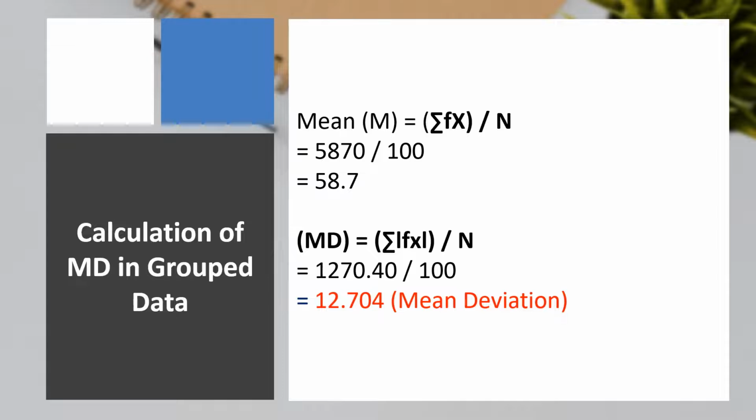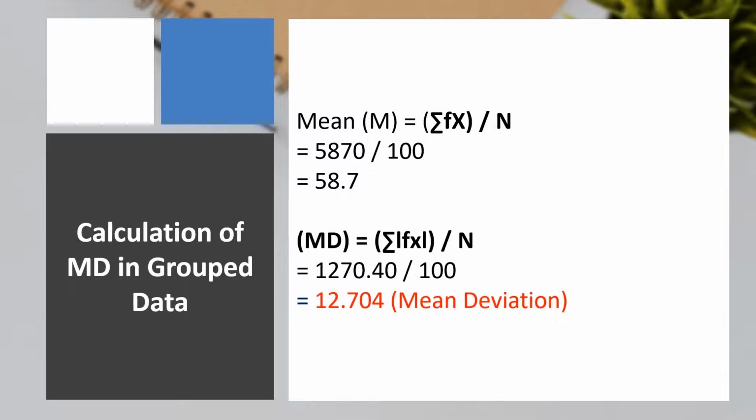In ungrouped data only the deviation was there, but now frequency is also multiplied with the deviation, and after multiplication its signs will be ignored. Here small x is x minus m, the deviation of the midpoint of the class interval x from the mean. And fx is the frequency multiplied with the deviation. The mean is summation of fx upon n.